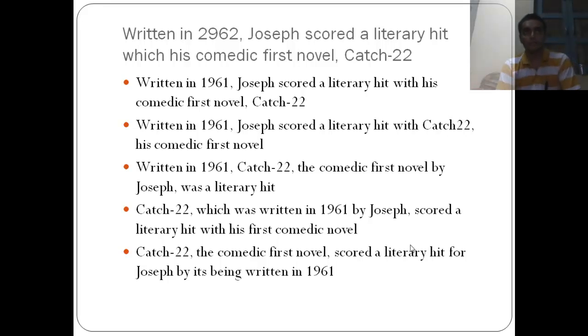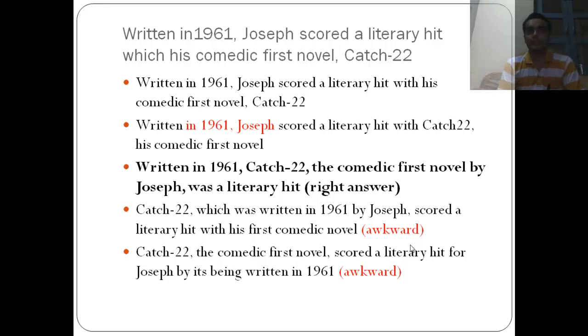So let's look at this one. Written in 1961, sorry, this is a typing mistake. Joseph scored a literary hit with his comedic first novel Catch-22.